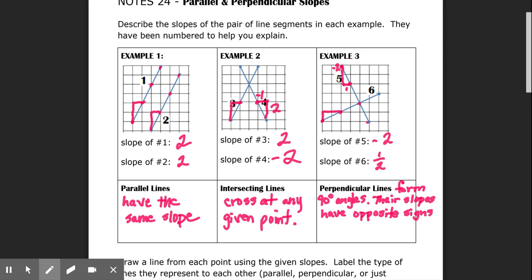So one's a positive, one's a negative, and they are flipped. Okay, and another mathematical term for flipped would be reciprocated. I'm going to go ahead and put that in parentheses.